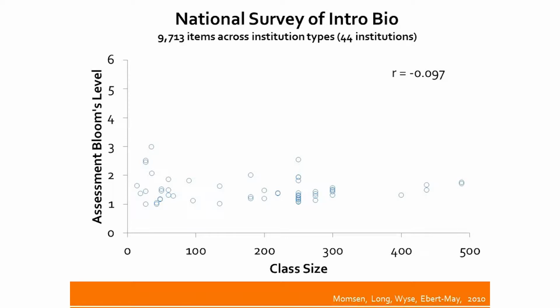This was true across institution types as well. So in this sample, we included both undergraduate institutions, R1s, comprehensives. So there's a diversity of institution types, and this set also was reflective of the type of courses that I teach here and my cohorts and colleagues do as well, intro bio.